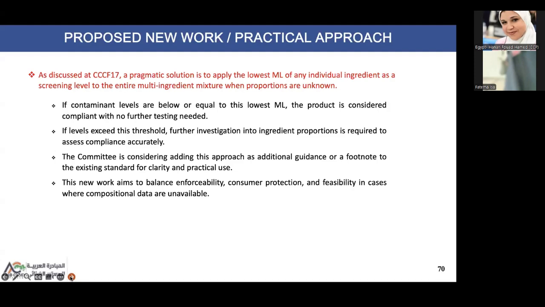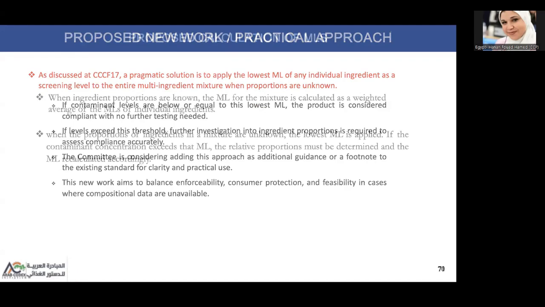If the level is more than the limit, there is need for more evaluation. The committee will study new methodology and other measures in the 193 criteria, and this aims at balancing feasibility and protection of the consumers. This will be beneficial in case of lack of information.